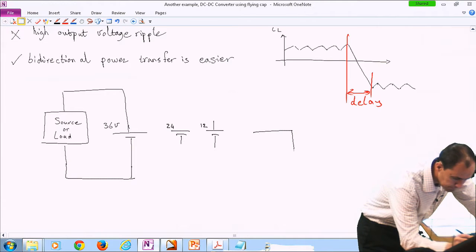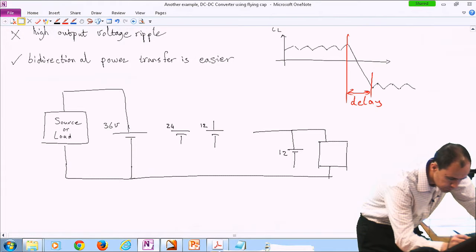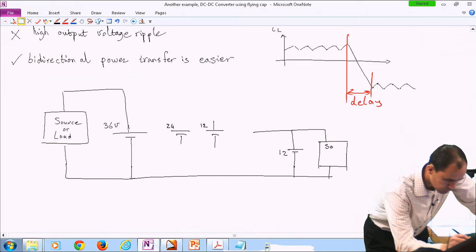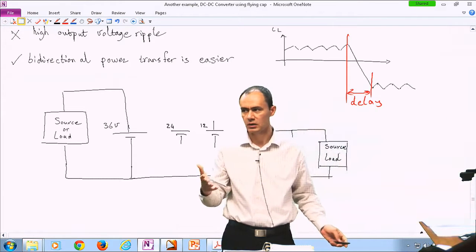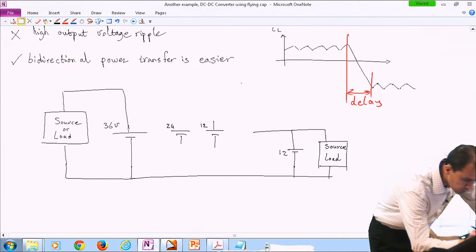Again, there are a bunch of loads and sources connected to this 12-volt system. Loads are the conventional loads in a vehicle. A source could be the alternator. And then you have this switch capacitor topology going on here.